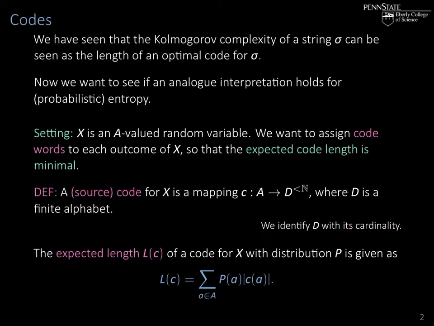So essentially, we just think of D as the set 1 to D, abusing notation a little bit. Then the expected length L(C) of a code, with distribution P, is just the expected value of the code length. Here C(a) is the code word for outcome a, this is the length of it, and we multiply the length by the probability. So it's the expected length L(C).